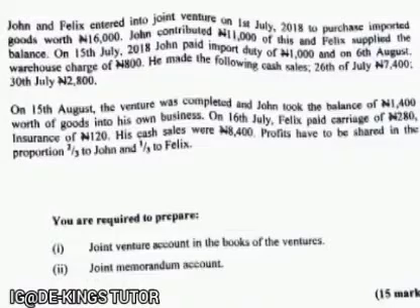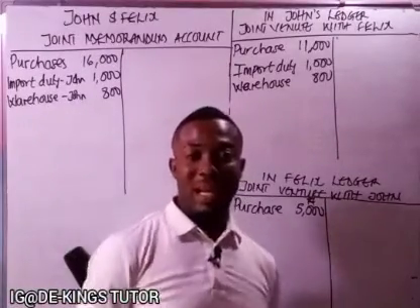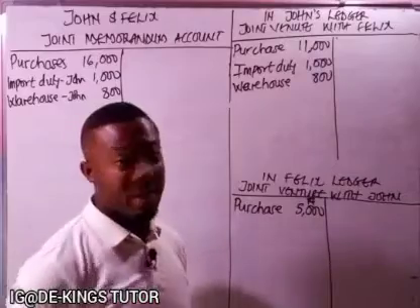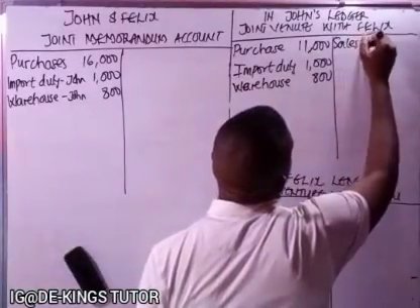Okay, so the next one, it said he made the following cash sales on 26th of July 7,400, and on the 30th of July 2,800. Now we said when it comes to sales, we will credit their individual ledger account and also the joint memorandum account. So John made sales at different times.